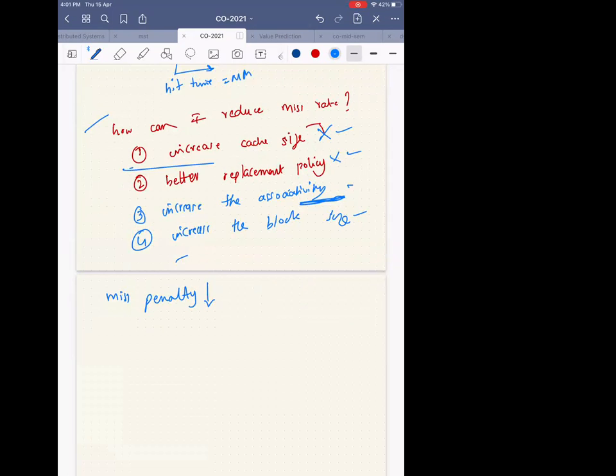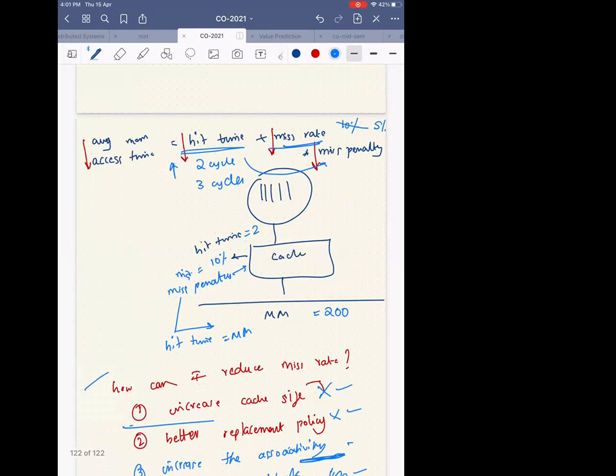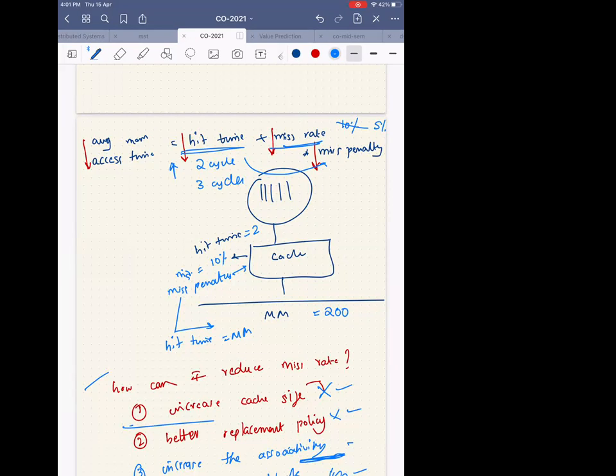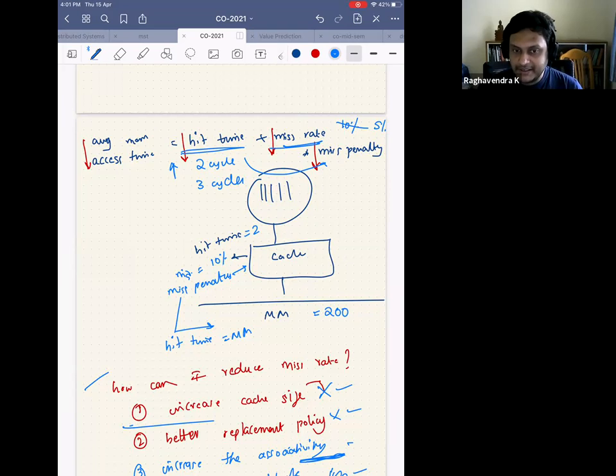Can't we decrease hit time by implementing different levels of cache? Excellent. What do you mean by multiple levels? Yes, sir.